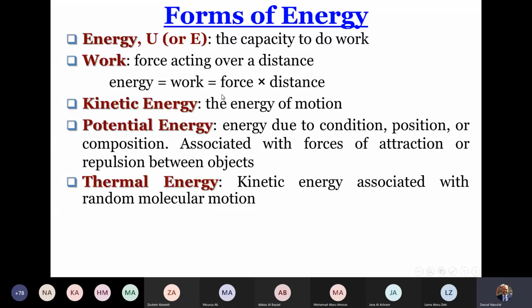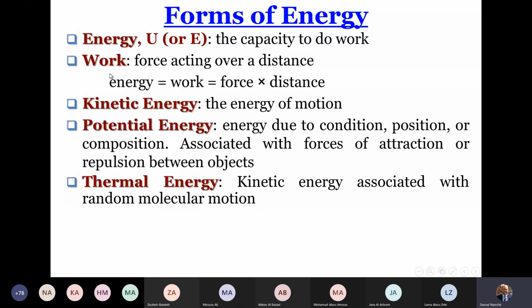The kinetic energy is a form of energy. It's the energy of motion. The potential energy is another form of energy that depends on the position, on the composition. It's in general associated with the forces of attraction and repulsion between objects.